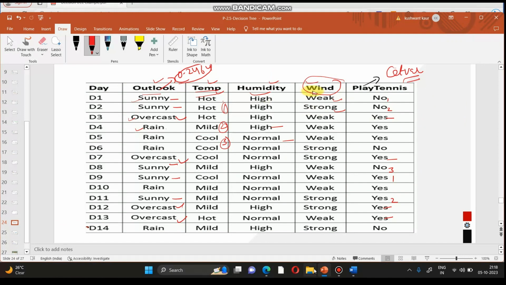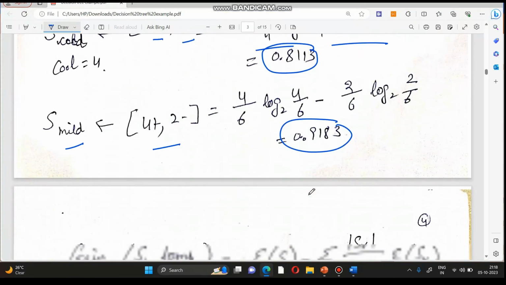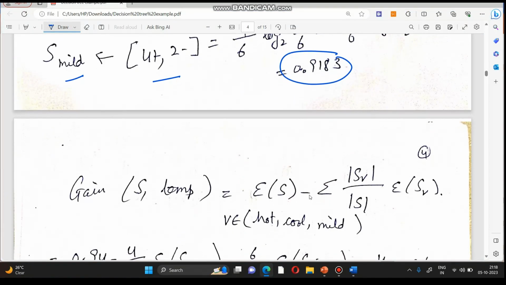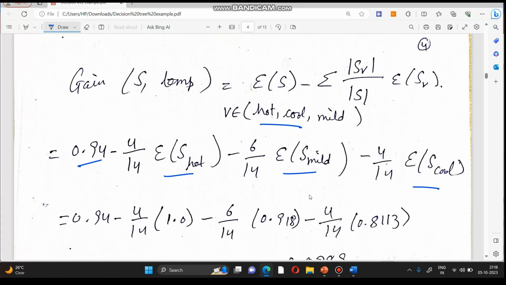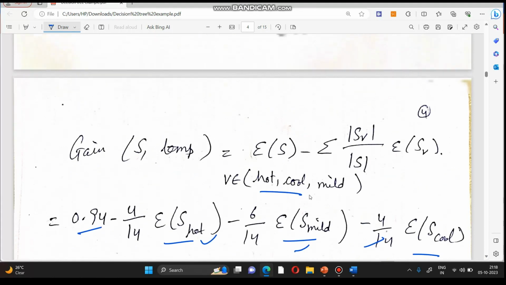Based on this we will calculate the information gain: entropy of S 0.94 minus 4 by 14 entropy of S hot minus 6 by 14 entropy of S mild minus 4 by 14 entropy of S cool. These 3 values we have calculated over here.